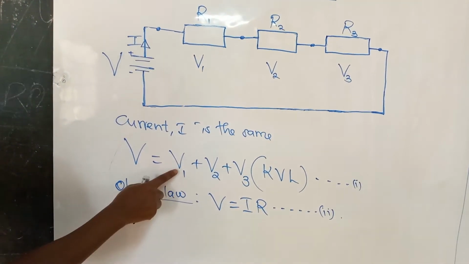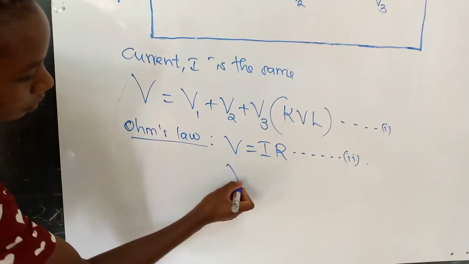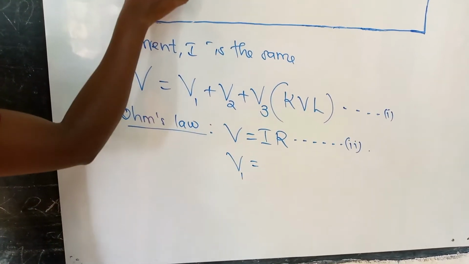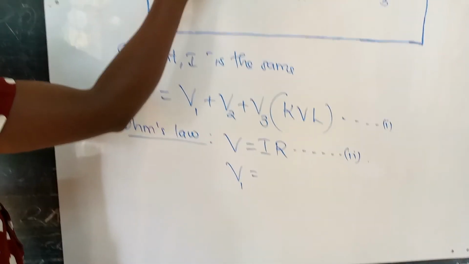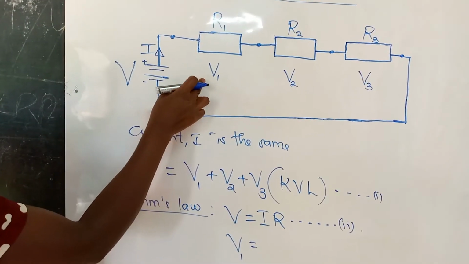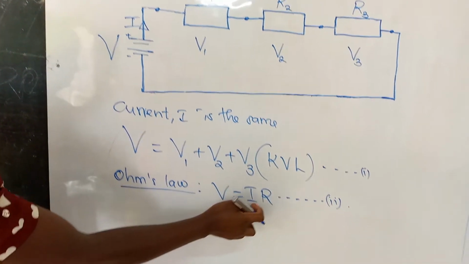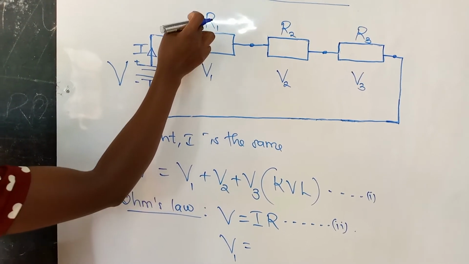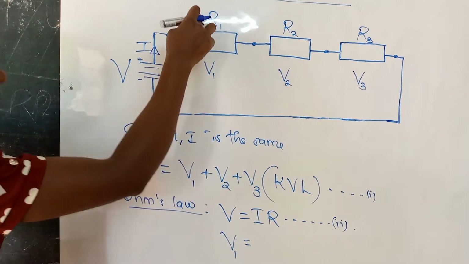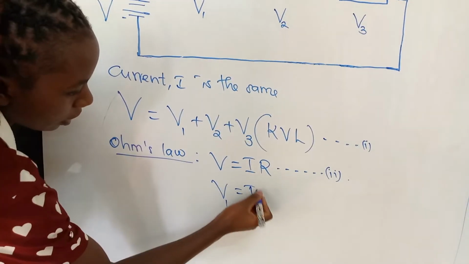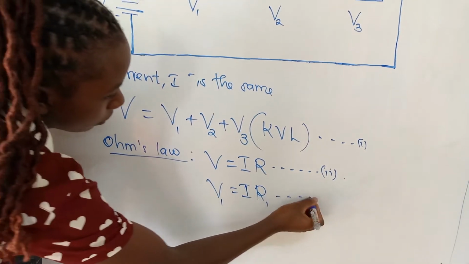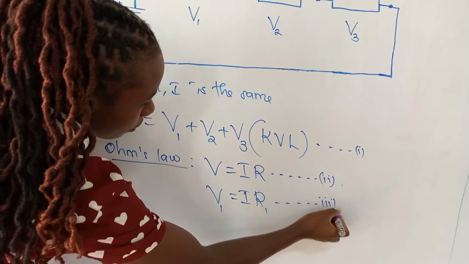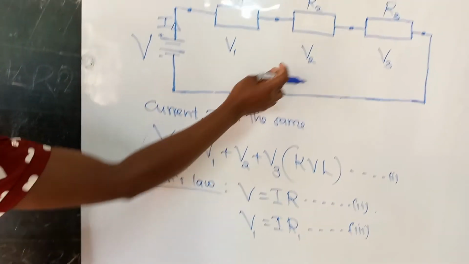Now, how do we get this V1? V1 is the voltage drop across resistor R1. How are we going to get it? You know that voltage is current times resistance. Now we are going to multiply the current here times the resistance here, which is R1. Now I'm going to write I R1. That is V1. What about V2?